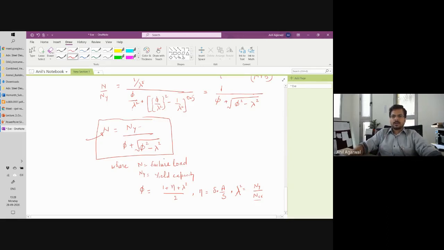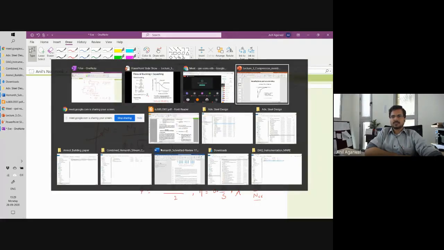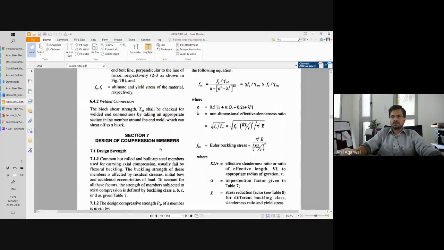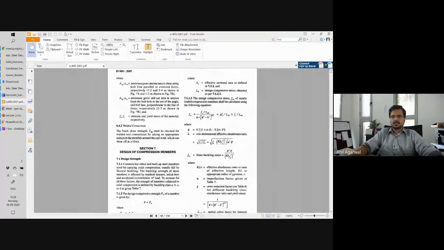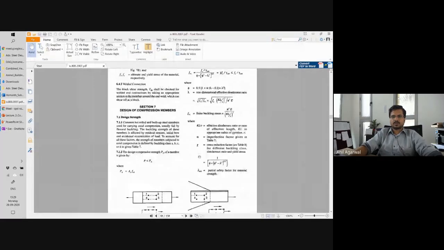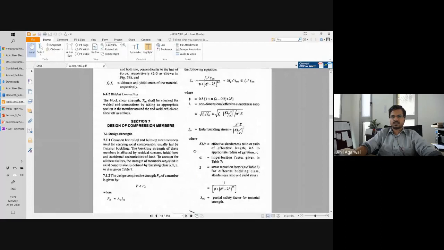Okay. Now, have you seen this kind of an expression, phi plus square root of phi square minus lambda square in the denominator before? Have you guys seen this? Indian code. Yes. So let me take you to the Indian code. This is page number 34, section 7, design of compression members.